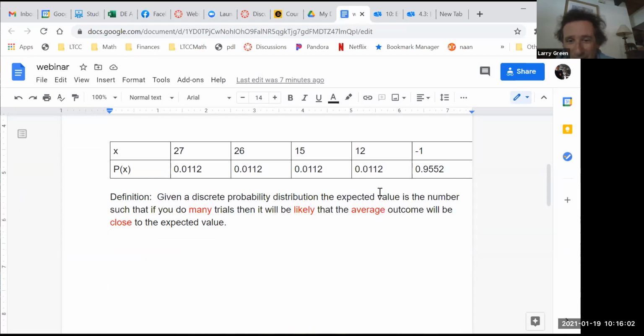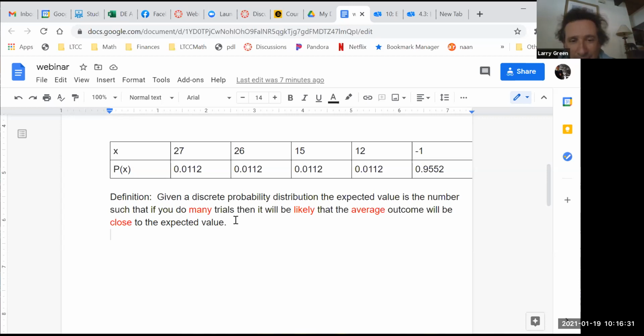So here's the reason. It's because if we play many times, then it will be likely that our average loss will be close to 5 cents per game. Do you see how you can take this definition and turn it into interpreting what the expected value means in this situation?